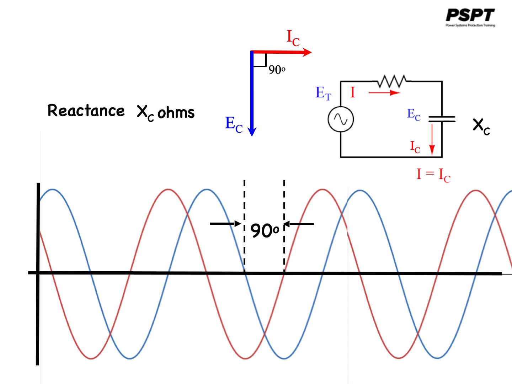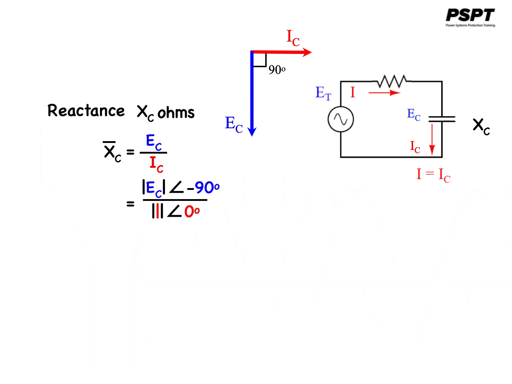In phasor terms, it is defined by the resistor voltage phasor divided by the current phasor through the resistor. The reactance of a capacitor is also defined by Ohm's law to be proportional to the voltage across it divided by the current through it. But in phasor terms, it is the magnitude of the capacitor voltage at minus 90 degrees to the current, which is at 0 degrees with reference to the voltage across it.